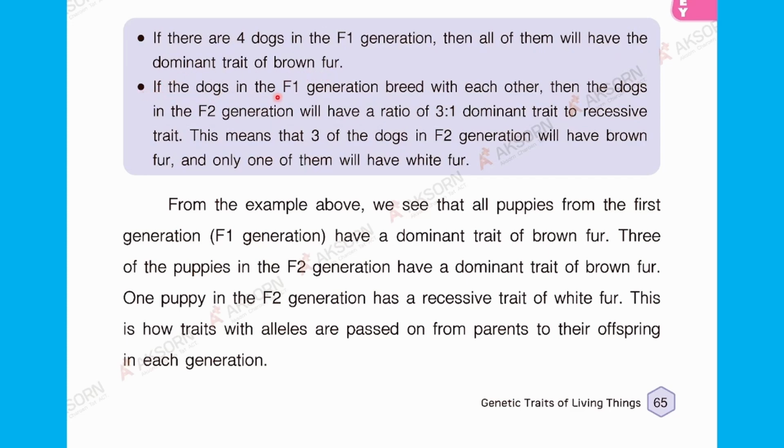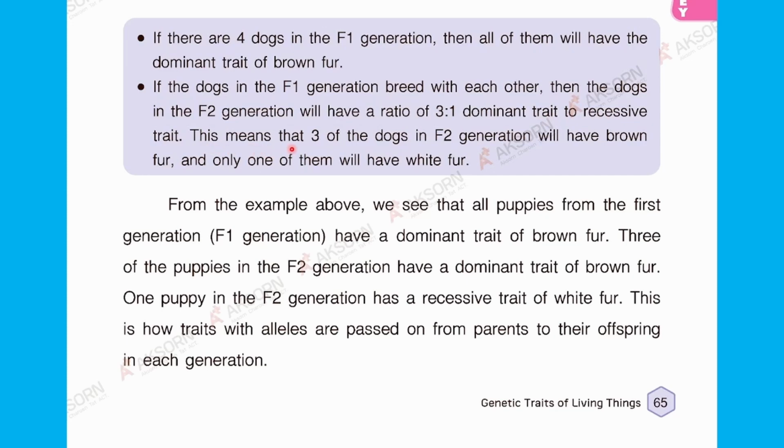If the dogs in the F1 generation breed with each other, then the dogs in the F2 generation will have a ratio of 3:1 dominant trait to recessive trait.